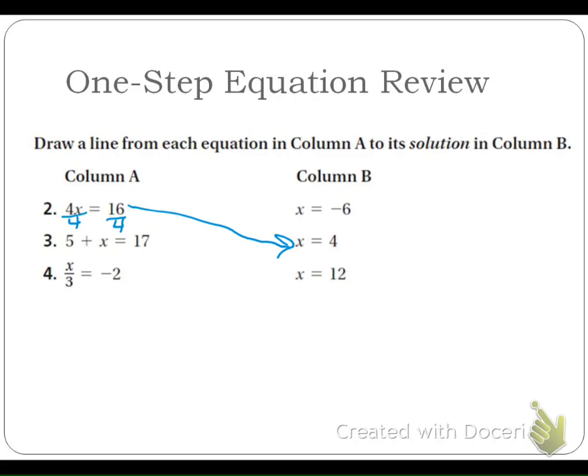In problem 3, you have 5 plus x equals 17. If we look on the side of the equation with the variable, we see that a 5 is being added to x. That 5 is a constant. To get rid of a positive constant, we would have to subtract it from both sides.